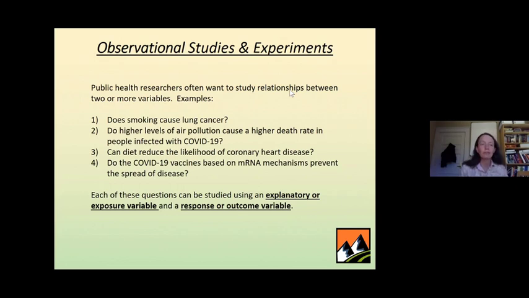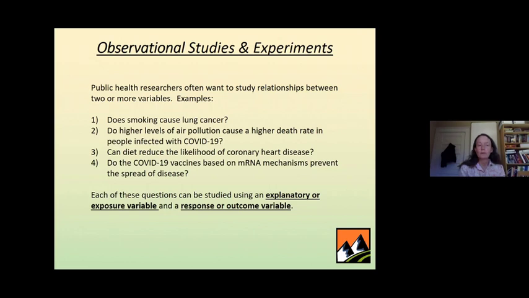A lot of times, instead of just wanting to identify, say, a parameter of interest, like what proportion of people think this or agree with this statement, we're really interested in public health often in looking at relationships between variables. And a lot of times we want to know in public health modifiable variables that can be associated with different health outcomes.